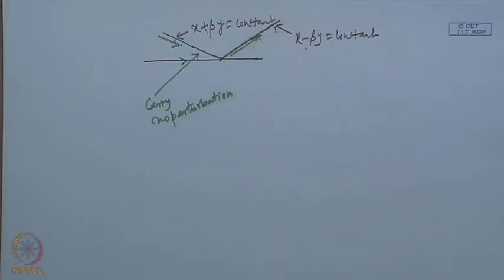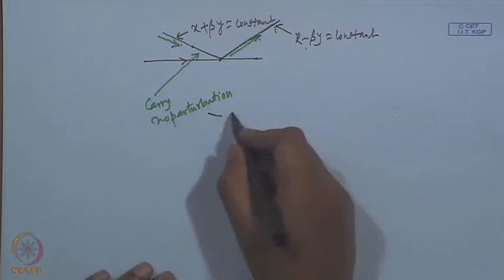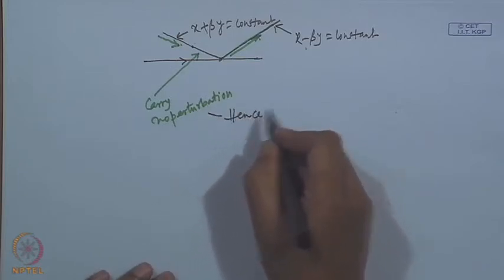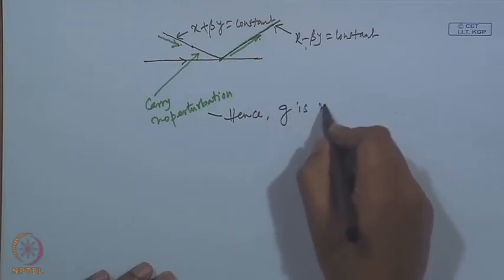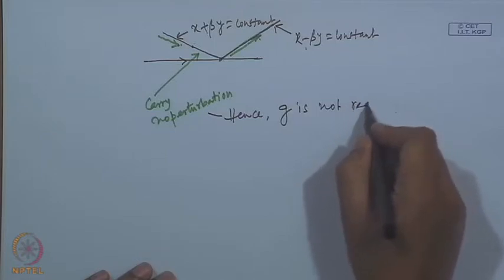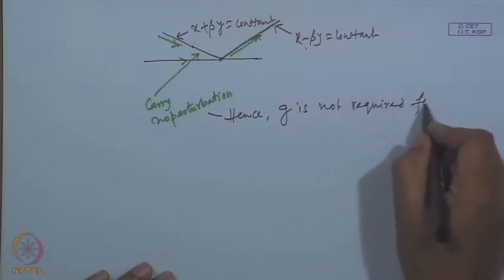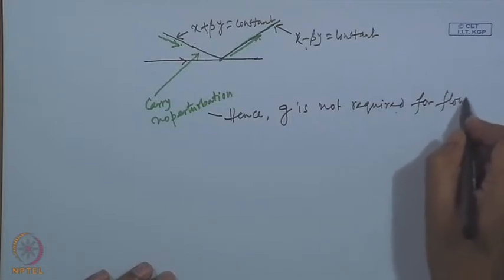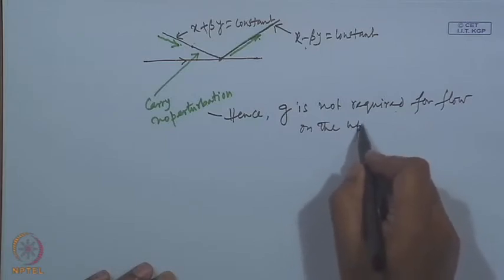So, this is the reason that for flow over the wall only the function f is important. Hence, g is not required for flow on the upper surface of the wall.